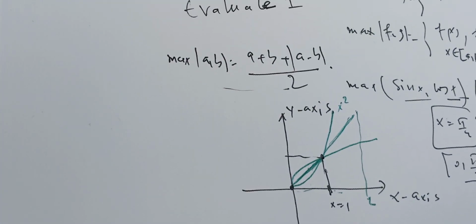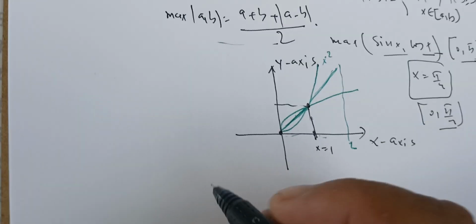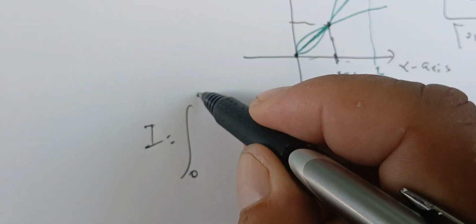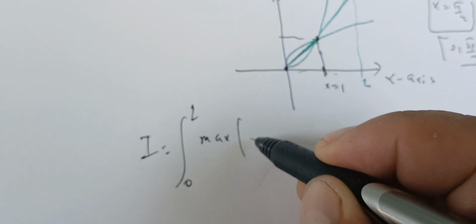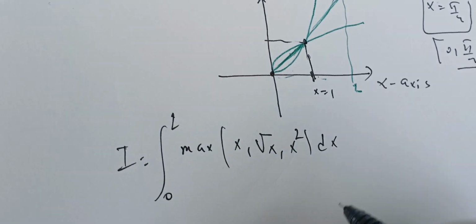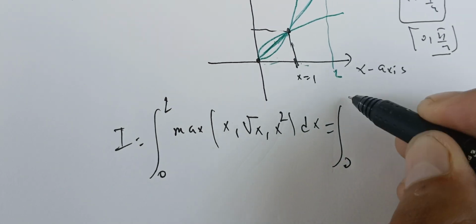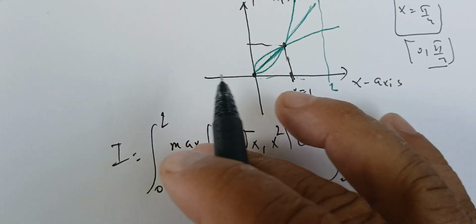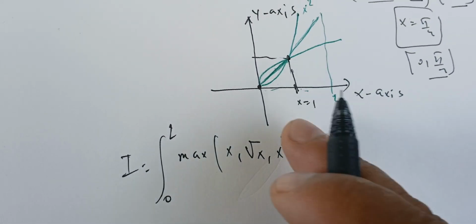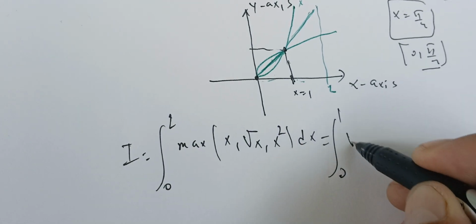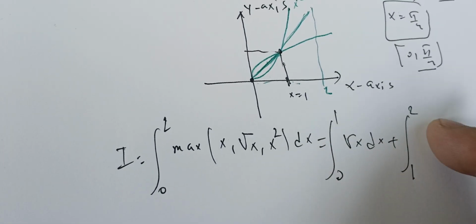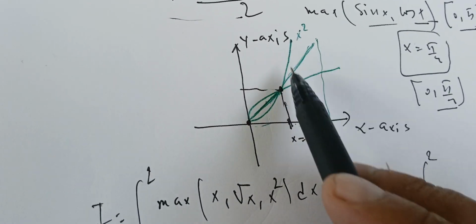And therefore, I can split my integral I, the integral between 0 and 2 of the maximum of x, square root of x, and x squared dx. So this one will be the integral between 0 and 1, and this is because of the linearity of the integral. Here between 0 and 1, the maximum of these three is the square root of x. Now between 1 and 2, the maximum is x squared. We see it graphically here.